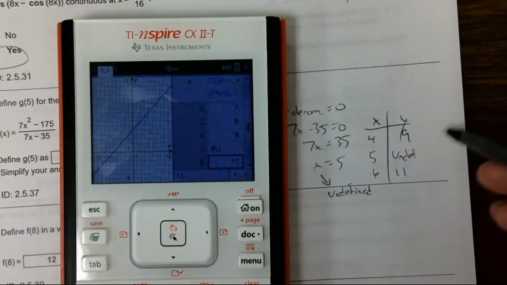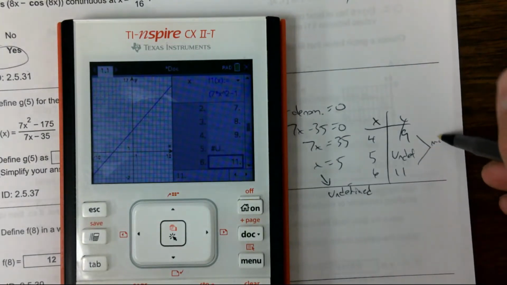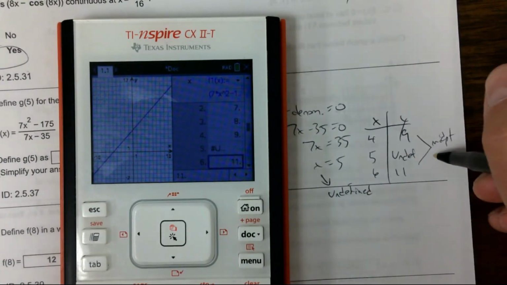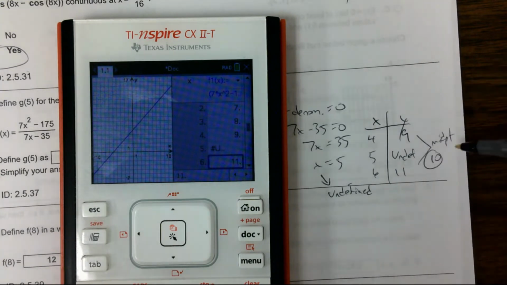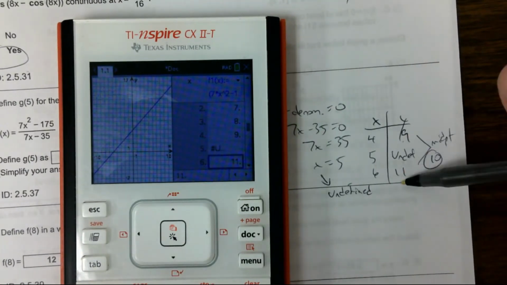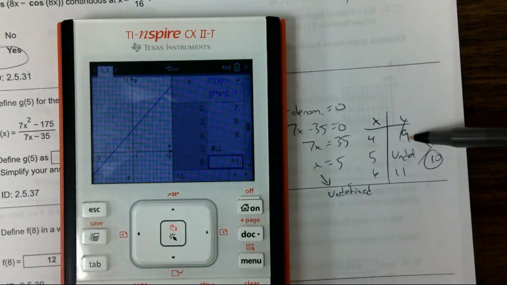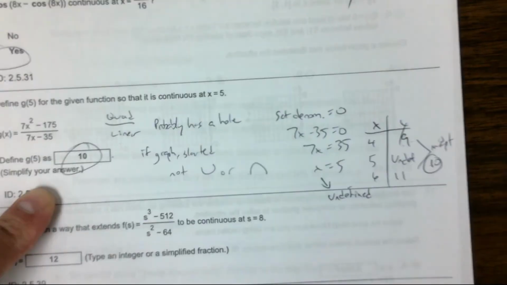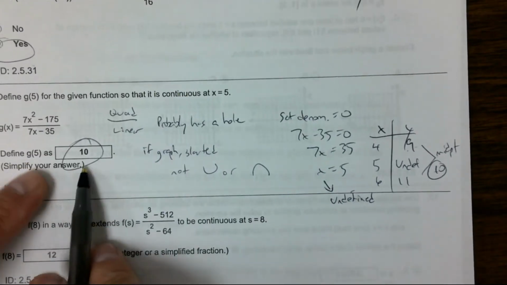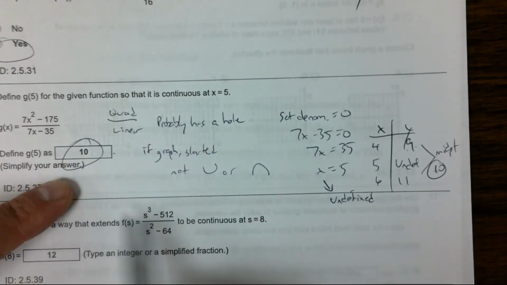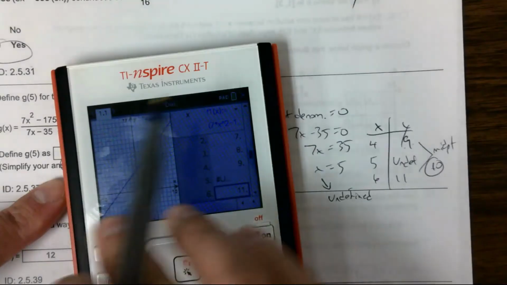So you need to do the midpoint, and it's 10. On something like this you can just use common sense. This one's 9, this is 11, so 10 is in between. So then 10 would be your answer. So if you define g of 5 to be 10, then it would be continuous.